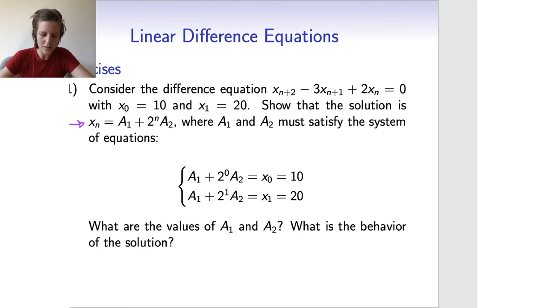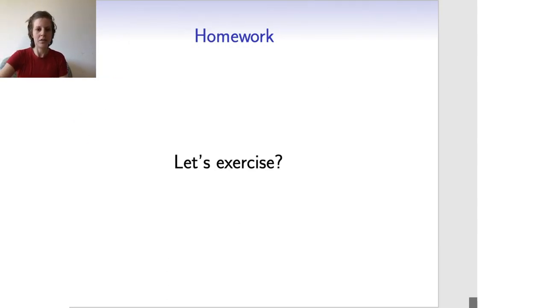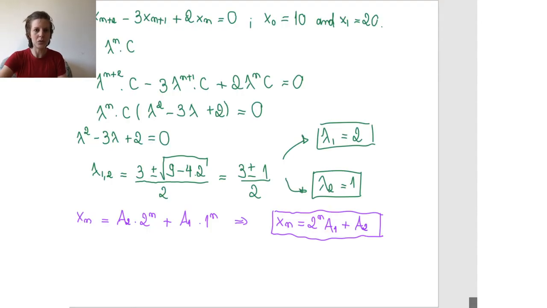So we already did the first part, and now it says where a1 and a2 must satisfy the system of equations. Here we are going to use the initial conditions, okay?